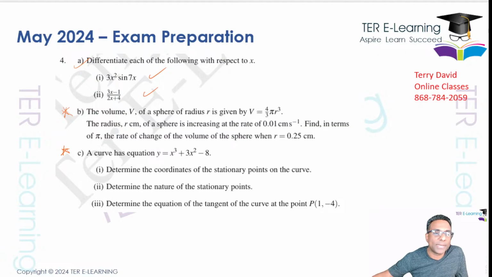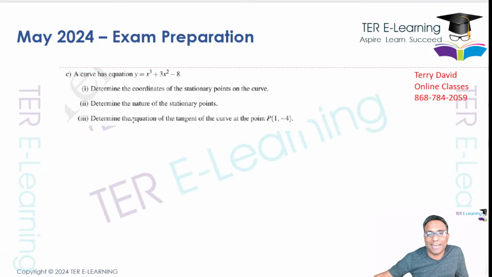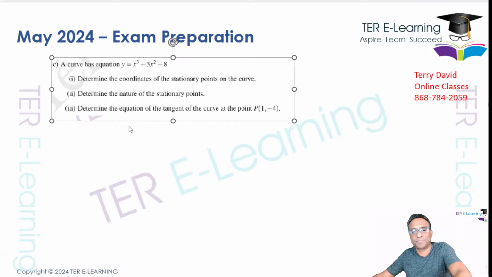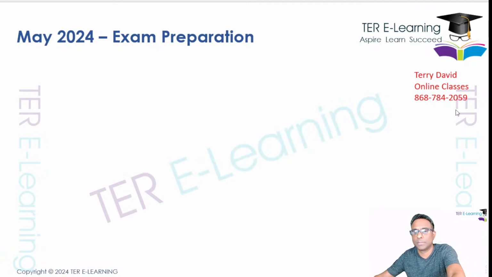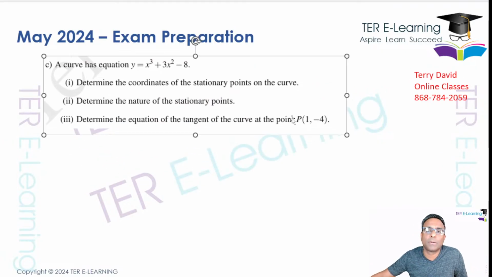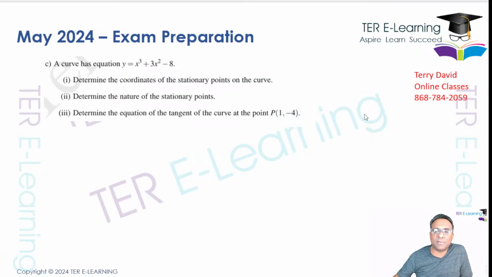Finding the coordinates of stationary points on a curve, that is something that they like to bring, right? All right, so we have a curve given by this formula here.